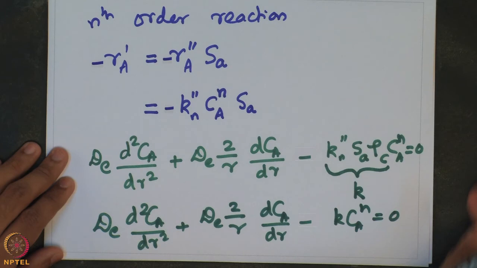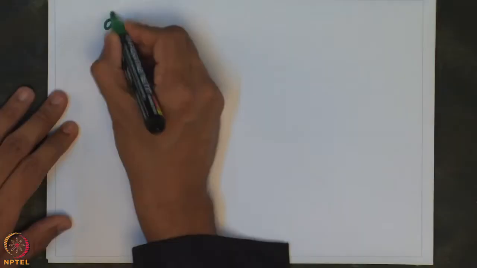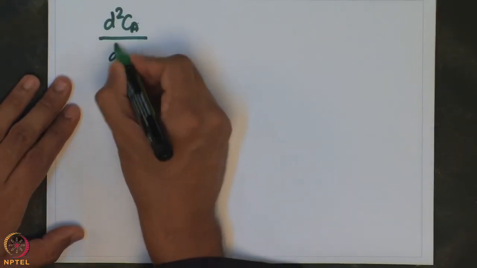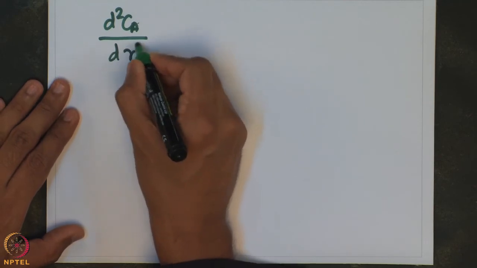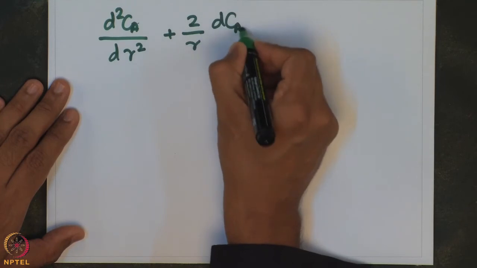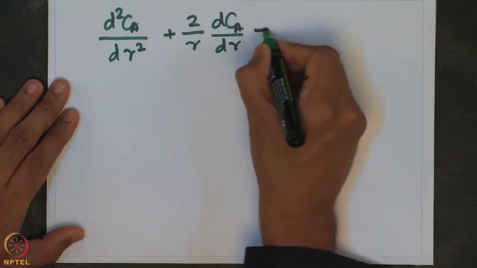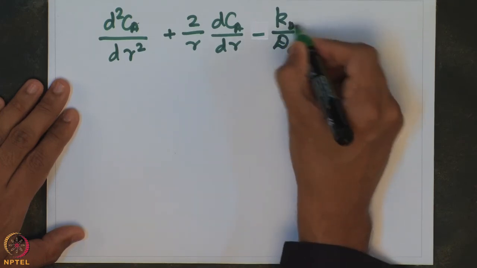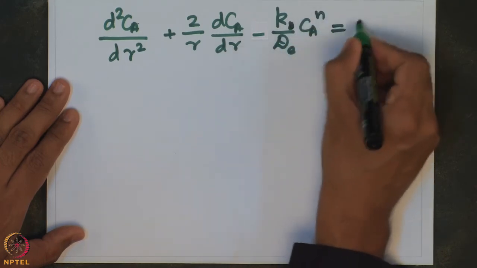I can divide this whole expression by the effective diffusivity, and we can rewrite it as d square Ca by dr square plus 2 by r into dCa by dr minus k divided by dE into Ca to the power of n equal to 0.